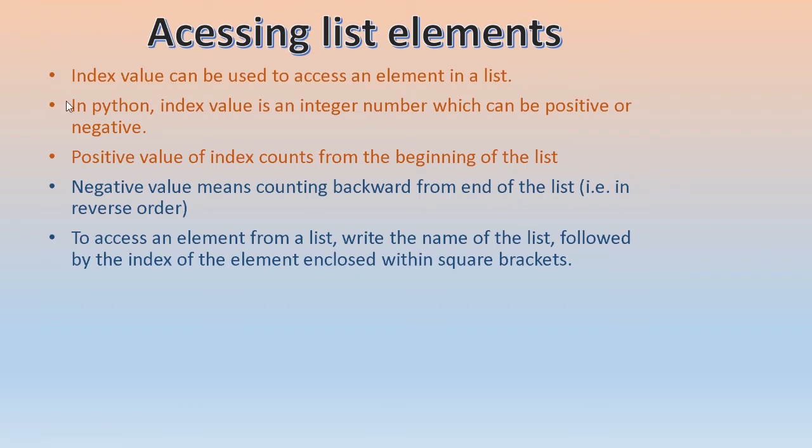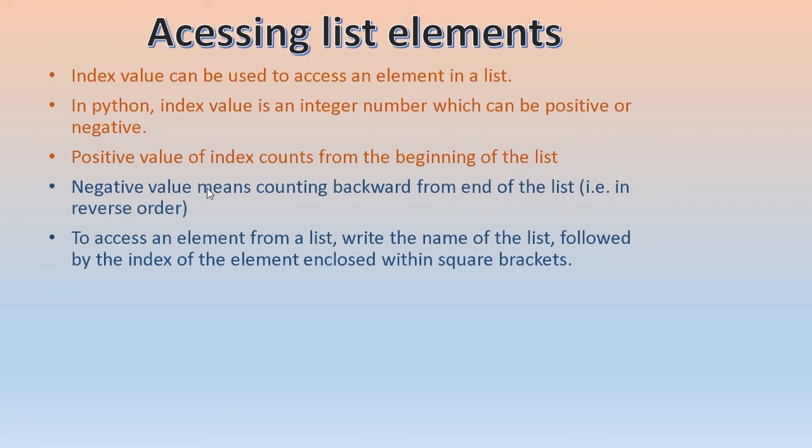In Python, the index value is an integer number which can be positive or negative. Both positive as well as negative can be used. If I use a positive value, it counts from the beginning of the list.